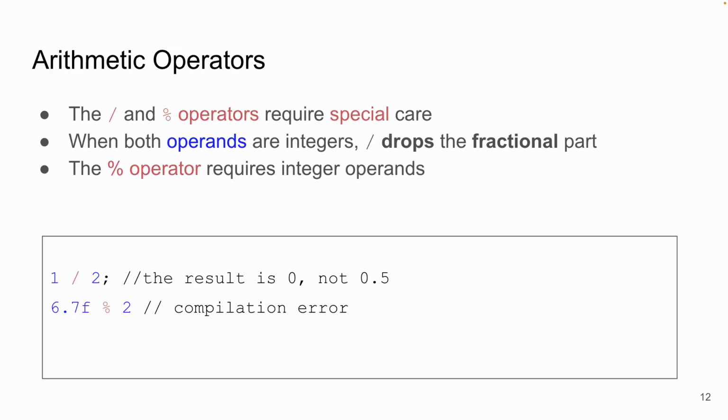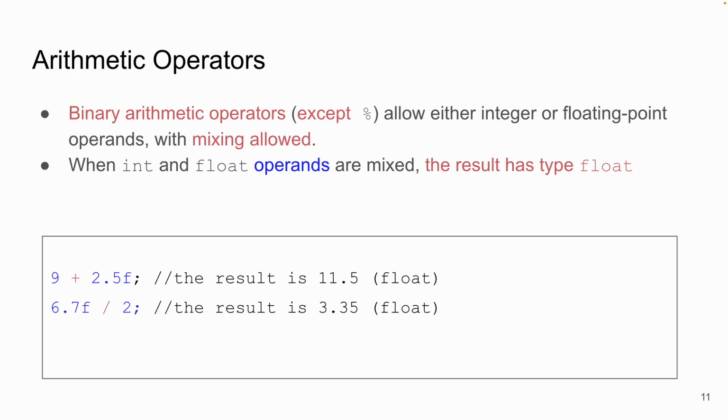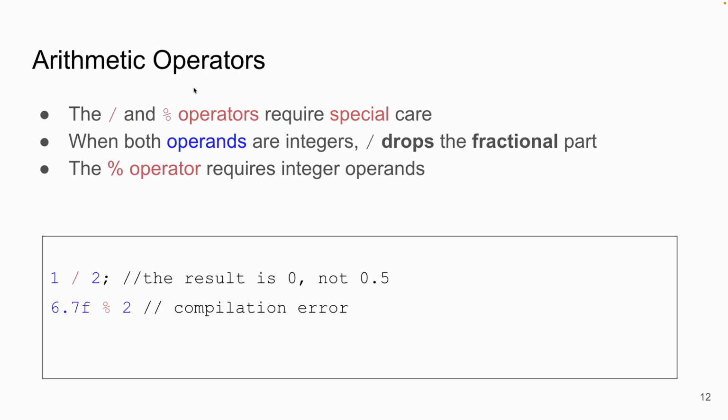So we have these rules, but these rules don't include remainder here. So we'll talk about some special cases. There are some special situations that we need to know when we use division and remainder operators.